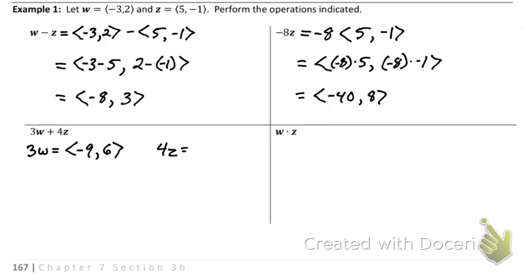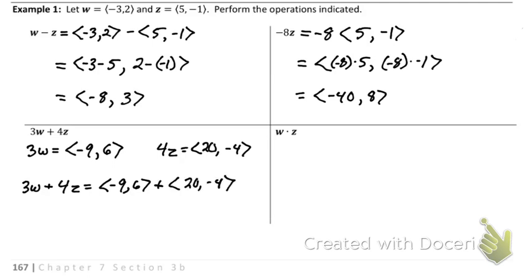4z is just going to be 4 times the elements of z. 4 times 5 is 20, comma, 4 times a negative 1 is going to be a negative 4. So now when I do 3w plus 4z, we're adding those two vectors. So that's negative 9, comma 6 plus 20, negative 4.